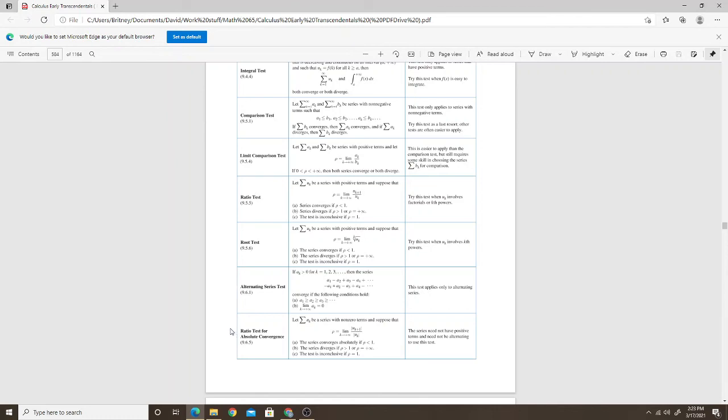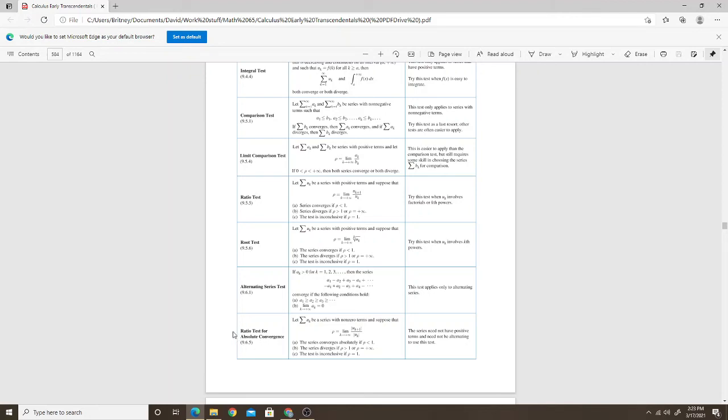And then they list this ratio test for absolute convergence, where you're just doing the ratio test, but on the absolute values of the terms. It's the same test. It's just that if you apply the ratio test to the absolute values and you determine that the absolute values diverge, then the original series also diverges, right? So that's what's kind of new about this little piece.